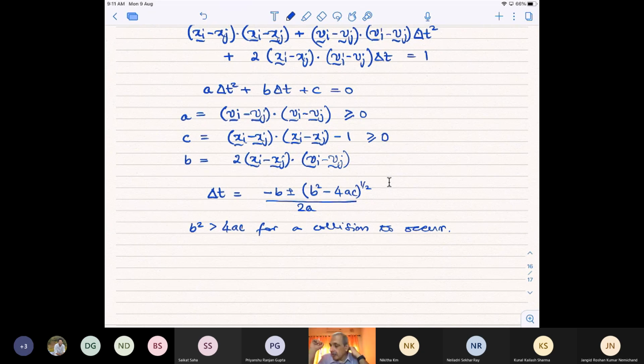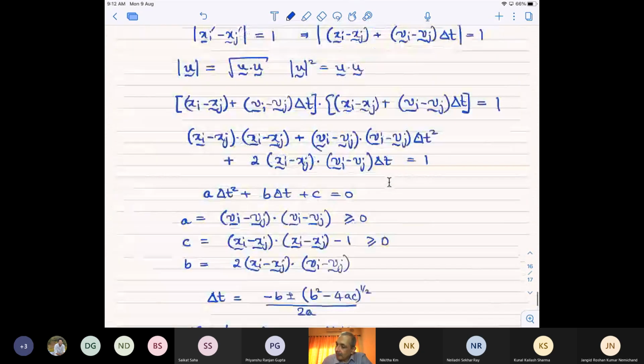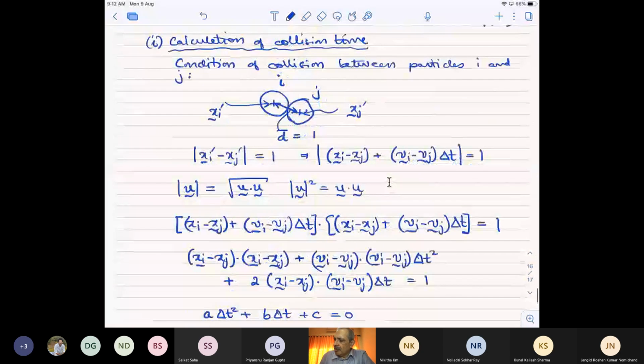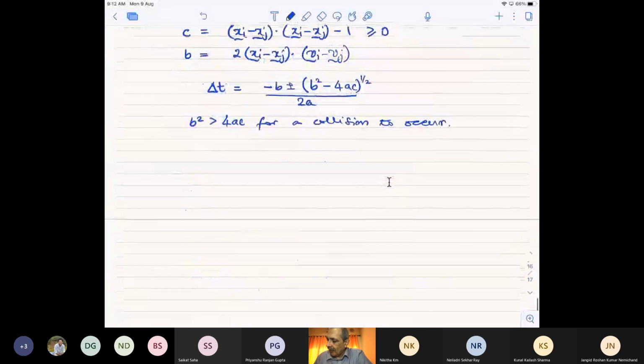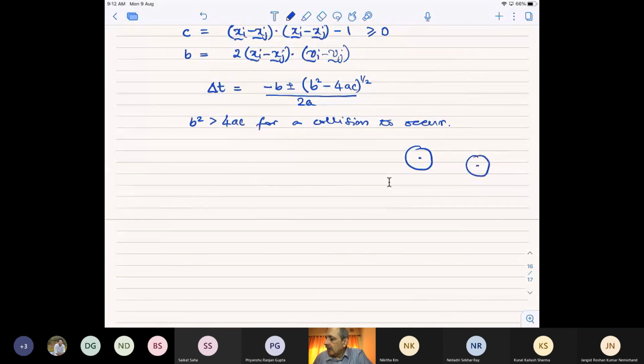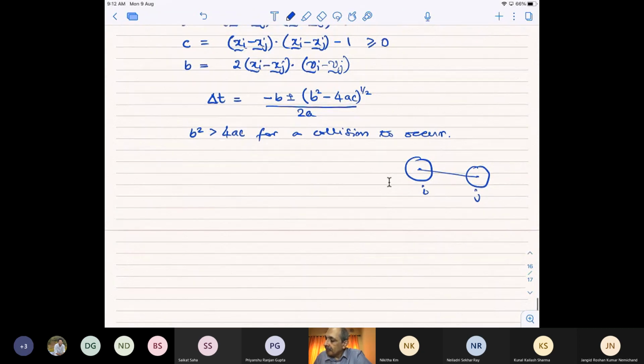A second condition for collision to occur is that particles should be moving towards each other. So if we look at any two particles here and here, let's call them i and j.